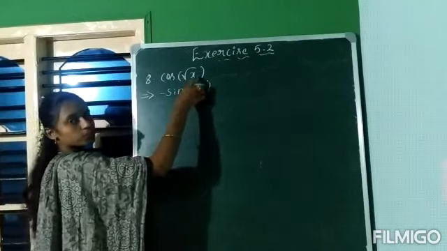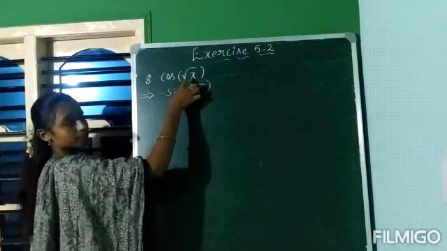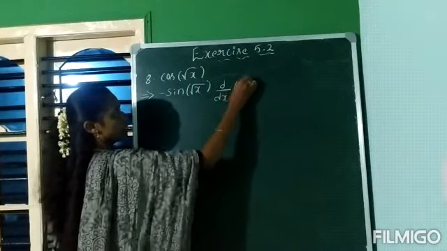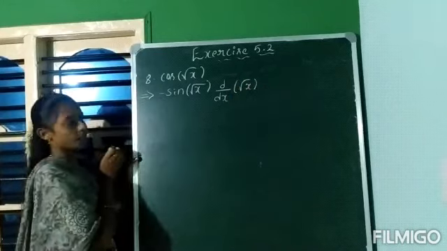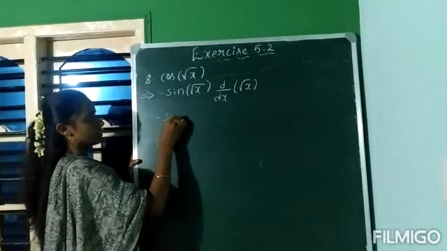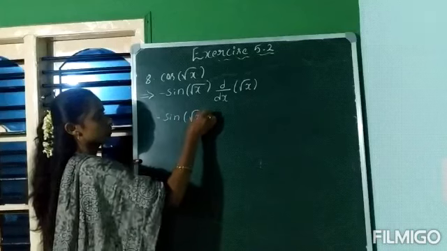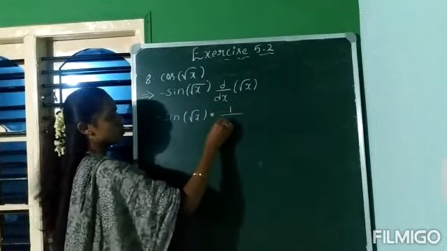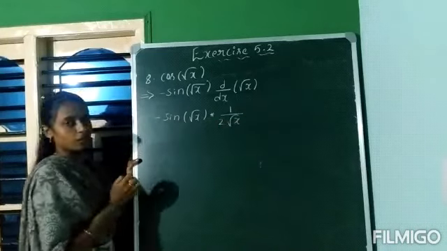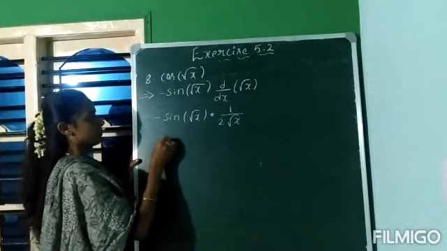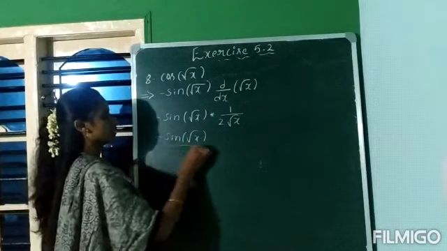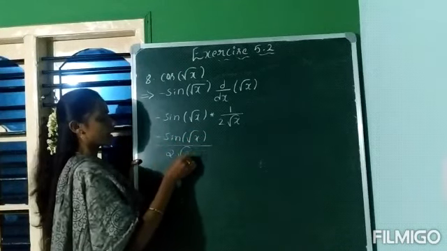This is a composite, hence you need to differentiate this inner function. Therefore, d by dx of the inner function root x is 1 by 2 root x. Hence, we can write this as minus sine of root x into 1 by 2 root x, or minus sine of root x divided by 2 root x.